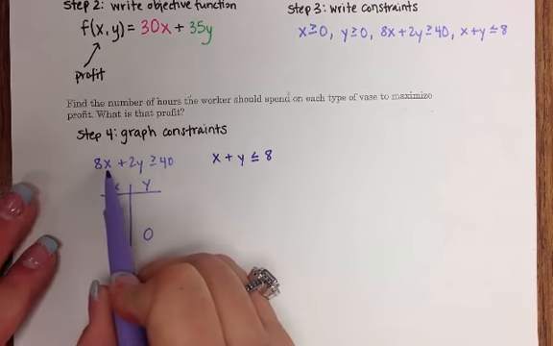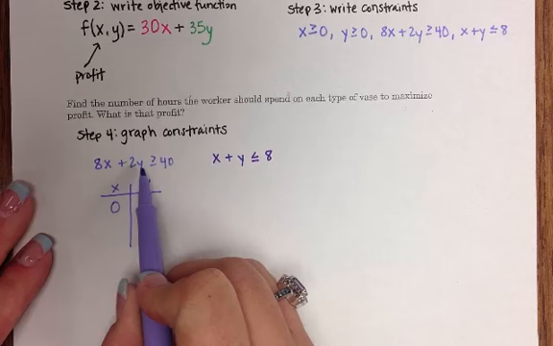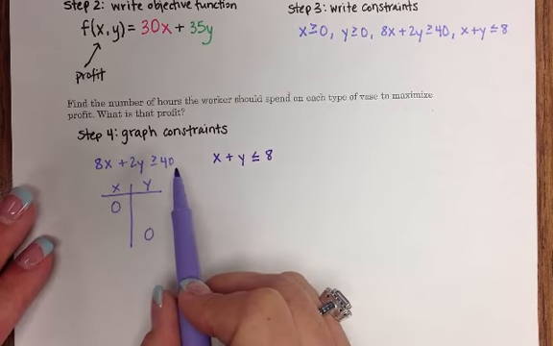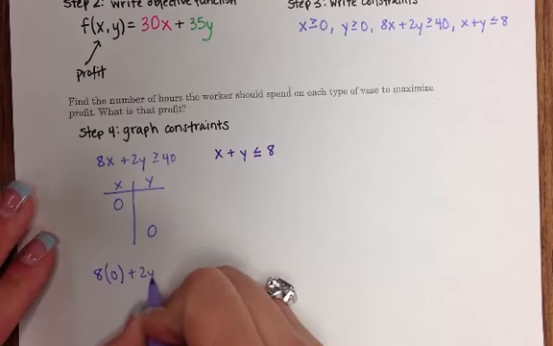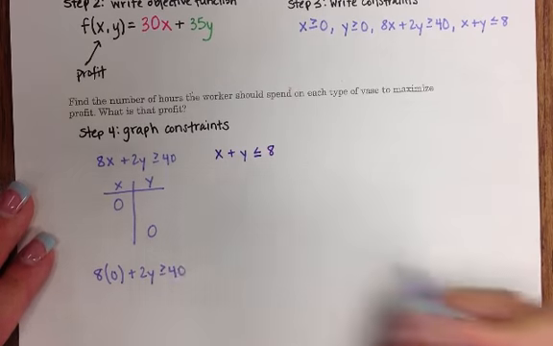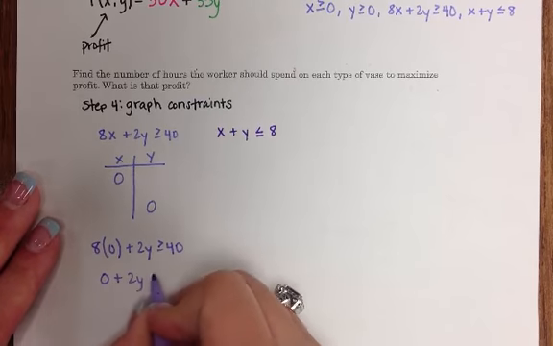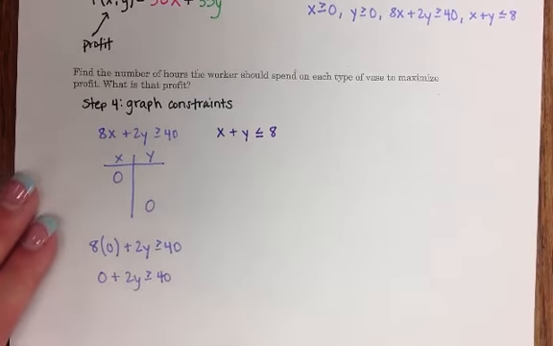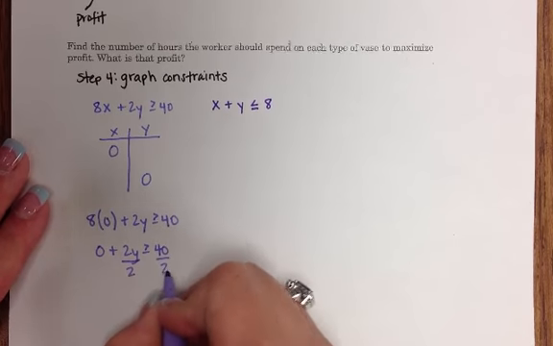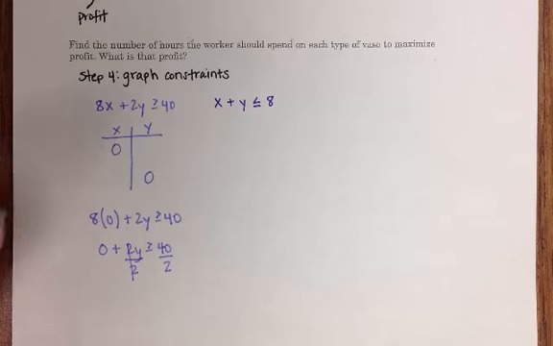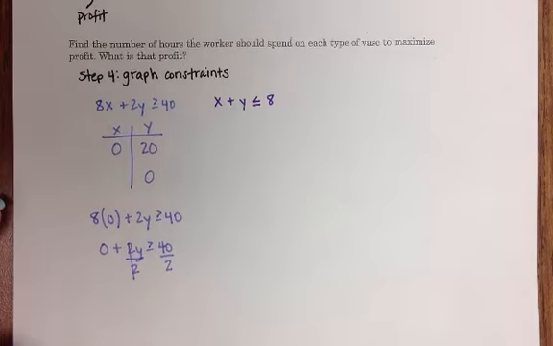Plugging in x equals 0 here, we have 8 times 0 plus 2 times y is greater than or equal to 40. So we have 0 plus 2y greater than or equal to 40. Opposite of multiplying by 2 would be dividing by 2. So when x equals 0, y must be at least 20.